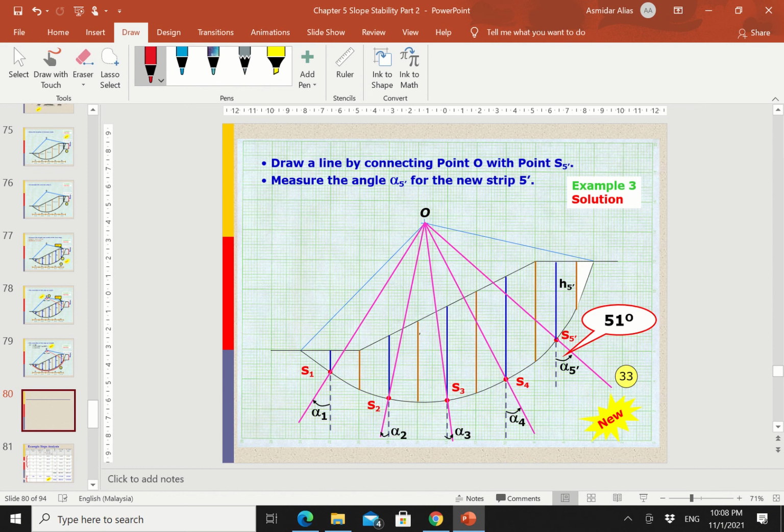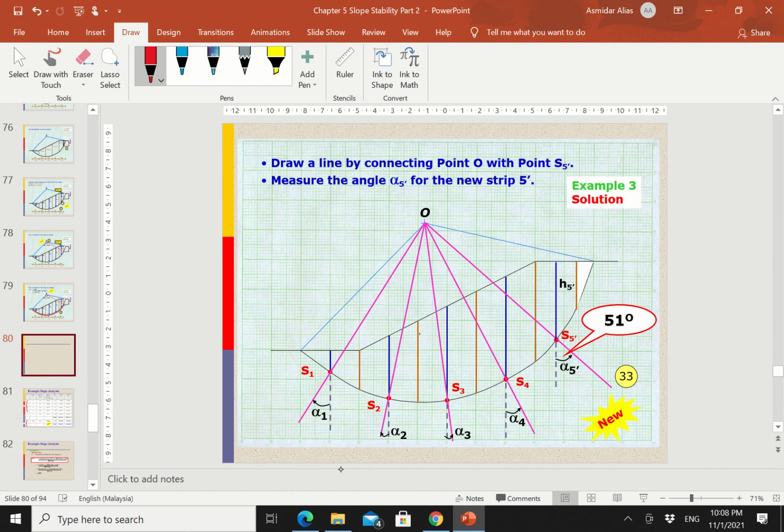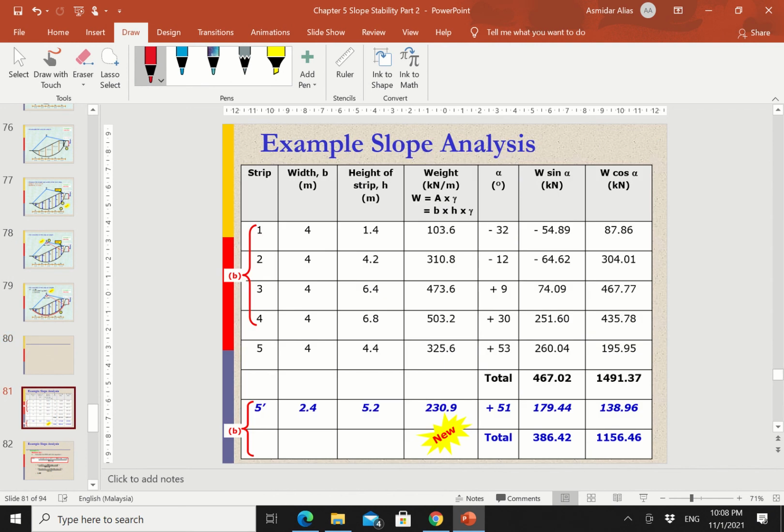So use the same method from the centroid, having that pink line and then cross that blue line, you get the angle of alpha 5. So now we need to put this in the table, so that you have the modification for slice number 5, and then you get the new value for alpha, new value for W sin alpha, and new value for W cos alpha for slice number 5.